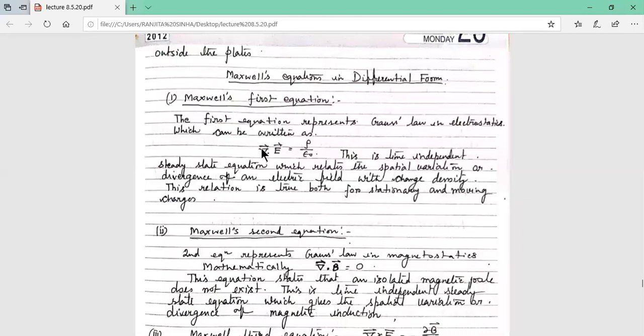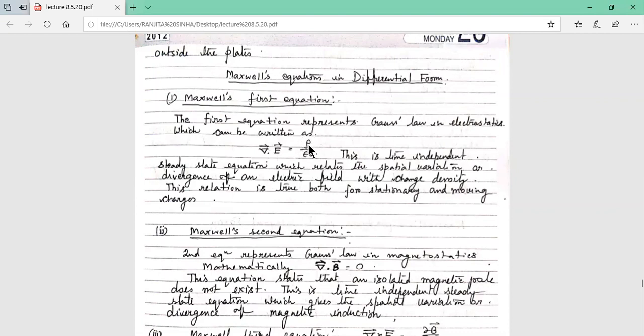So it depends only on the space part, there is no time part. So the spatial dependence of the electric field vector is related to the charge density, that is the volume charge density rho. No time is here.